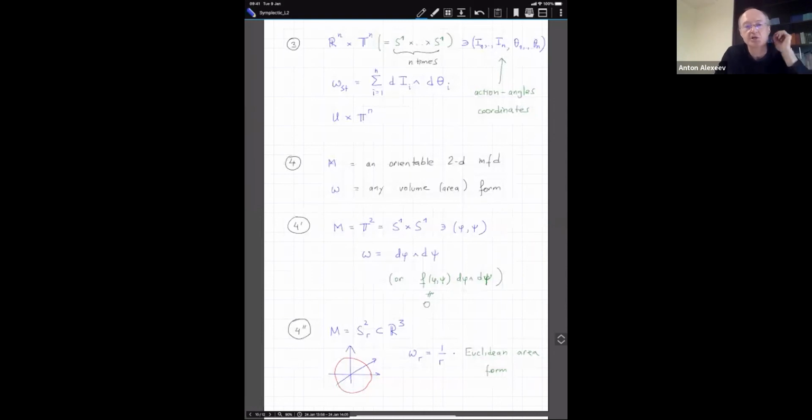This means that at each point you have a complex structure, but they don't integrate into a true complex structure on the manifold. Almost complex structures are used in general, and perhaps we're going to discuss them later in the course.